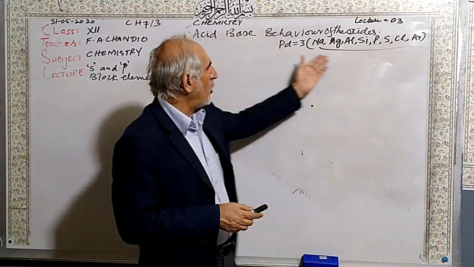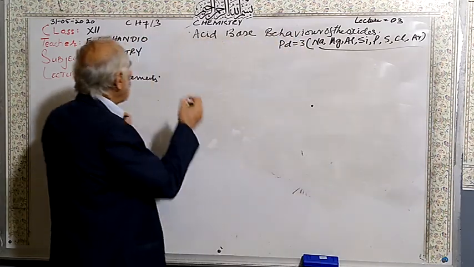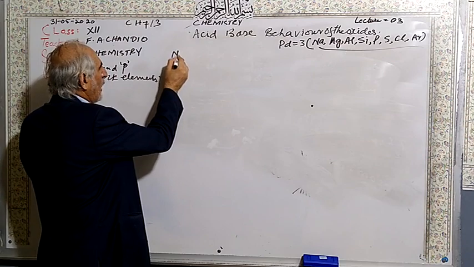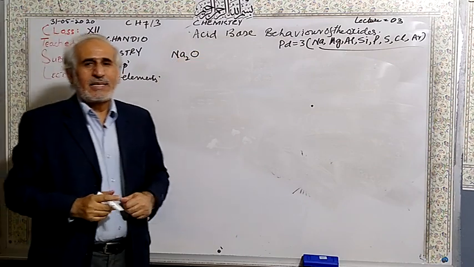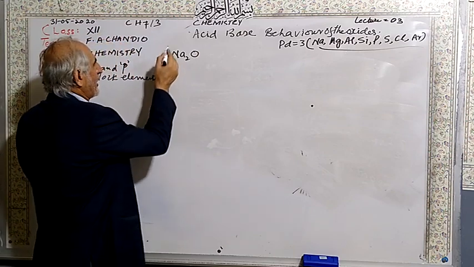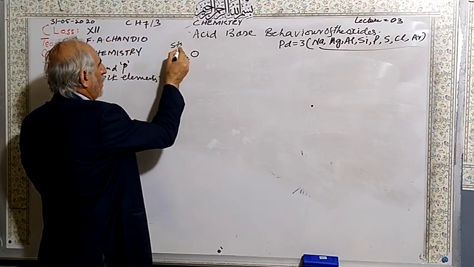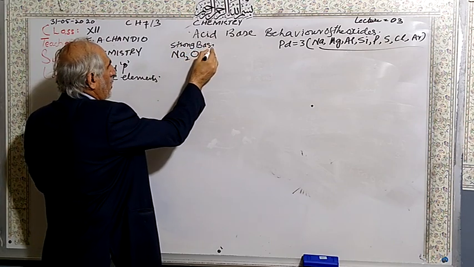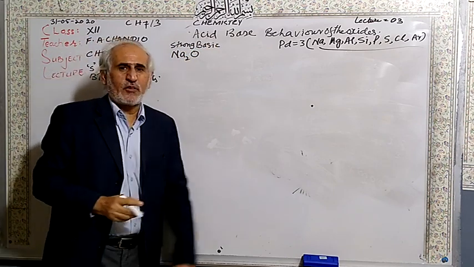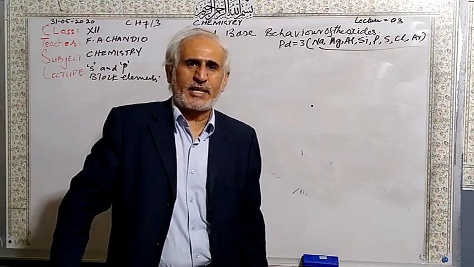And this behavior is going to increase as we go down the group. But now here we are talking about periods. So dear students, if you have sodium oxide, this is a strongly basic nature. If you dissolve it in water, you will get sodium hydroxide alkali.